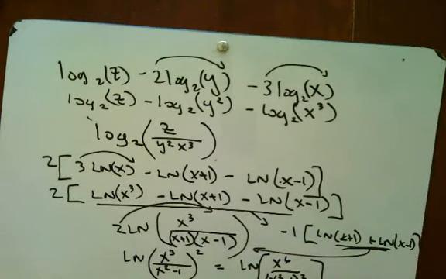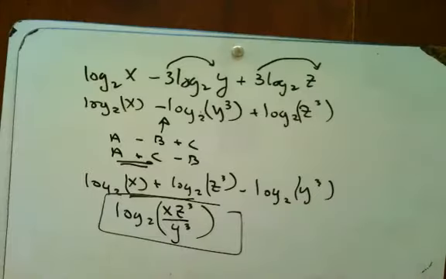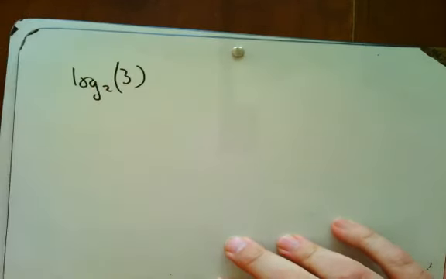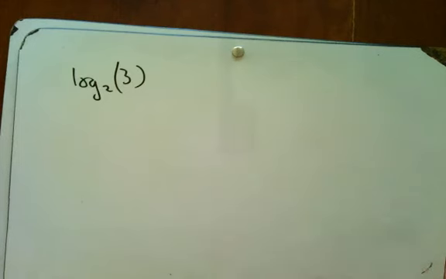I have x to the third. Ooh, look, foiling. x squared minus 1 squared. And I guess I could apply this as ln of x to the 6th over x squared minus 1 squared. Whew. I would accept either this one or this one as fully condensed.